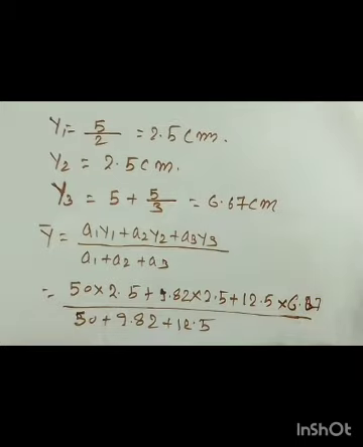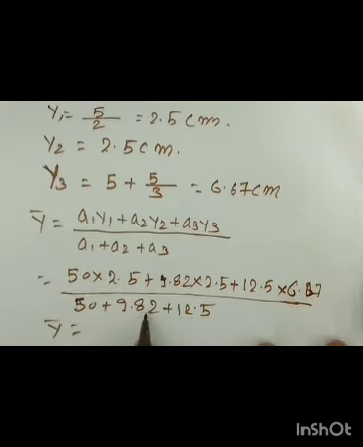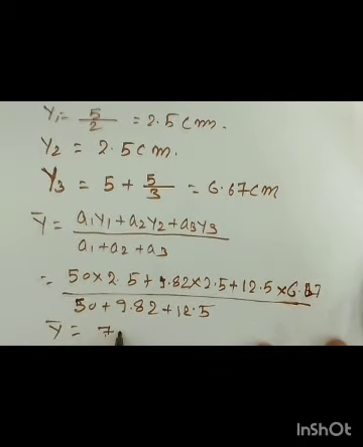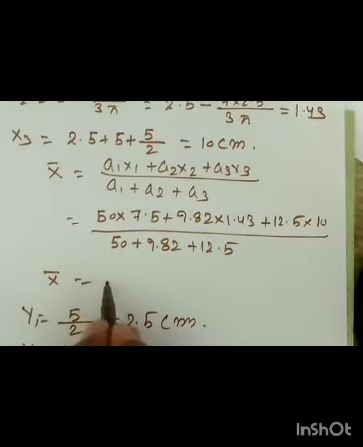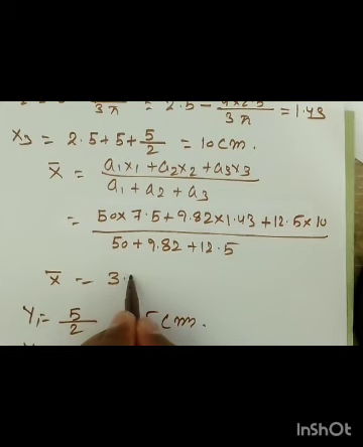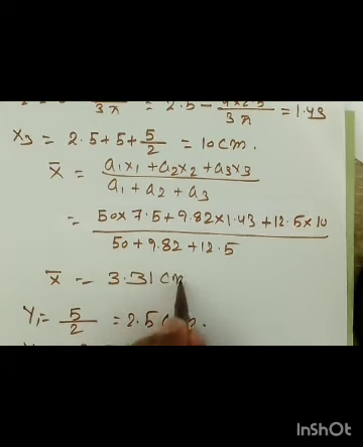So after simplification, y bar is equal to 7.11, and x bar is equal to 3.31 centimeter, right?